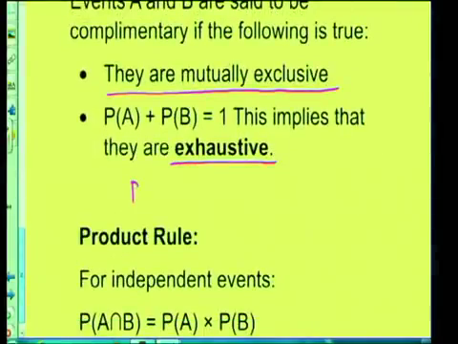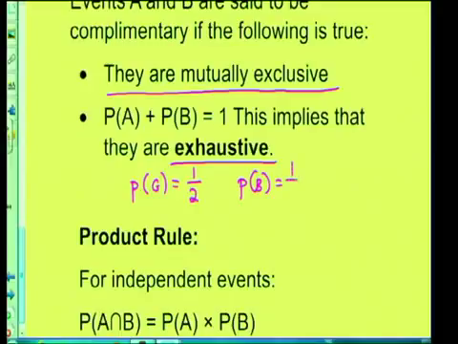So I go back to my example, the probability of a girl. There's one girl out of the two possible sexes. You can have a boy or a girl. And the probability of a boy, well, again, there's a boy out of two possibilities. If I add a half and a half, I'm going to get 1, which would mean that they are complementary, that they are mutually exclusive, and they are exhaustive.